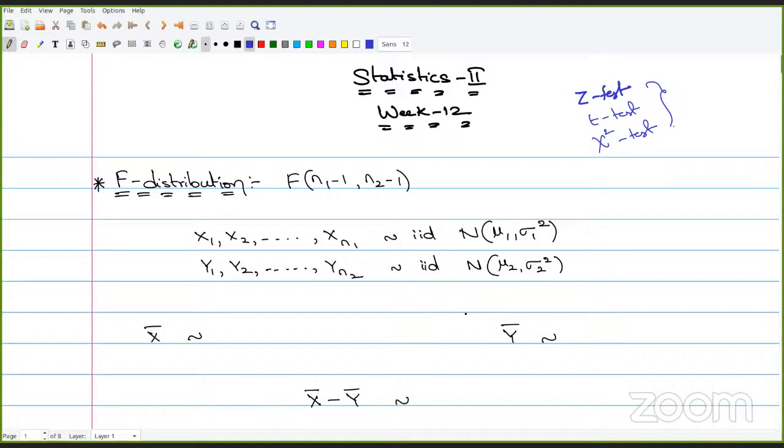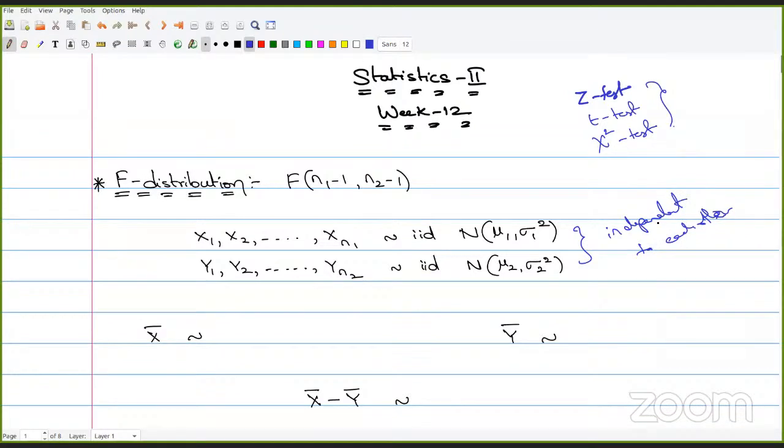From the first distribution we take n1 samples, and from the second distribution we take n2 samples. These are the samplings from 2 different distributions, and also these 2 are independent of each other. This is one more condition.